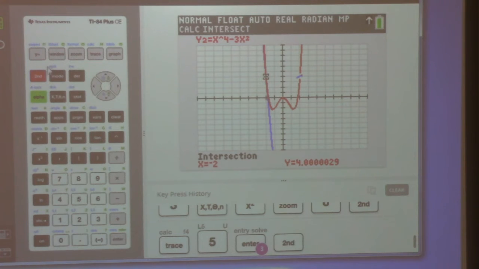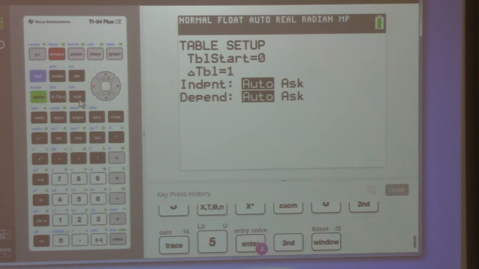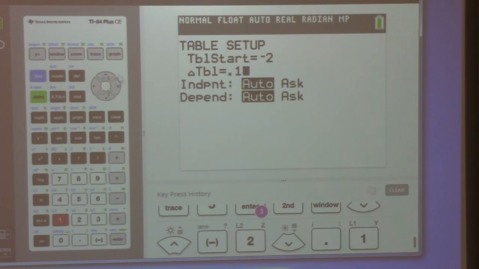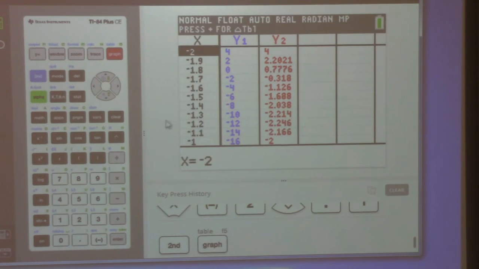Let's do it this way. Negative 2, we'll go by 0.1. We go to table view. We should be able to see it. Here we have the actual curve, and this is the estimate.